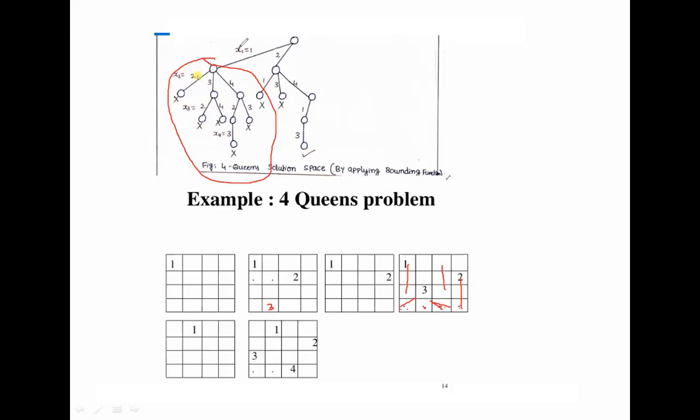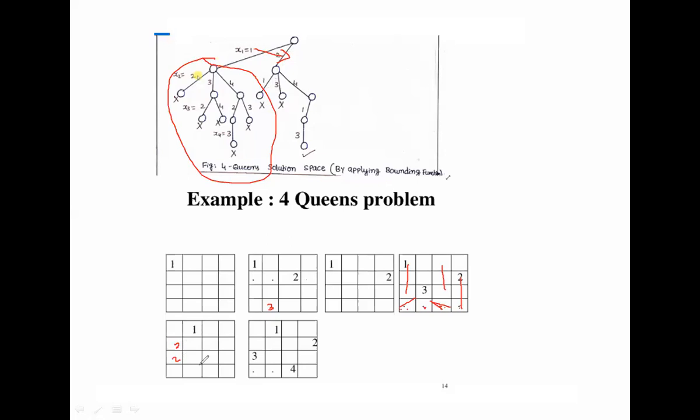Then I consider that x1, meaning Q1, is placed in second column. So next I place Q1 in second column. Then after Q1 is placed in second column, we place Q2. In first column, we cannot place Q2 here. We can place here.